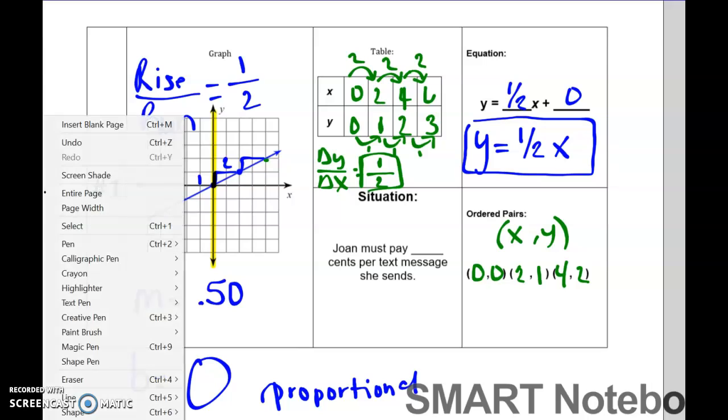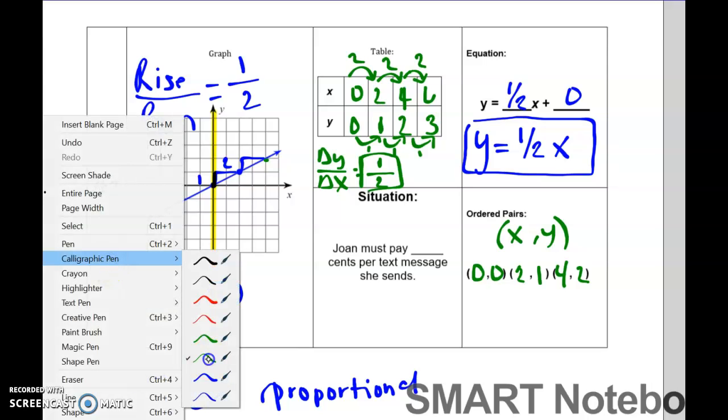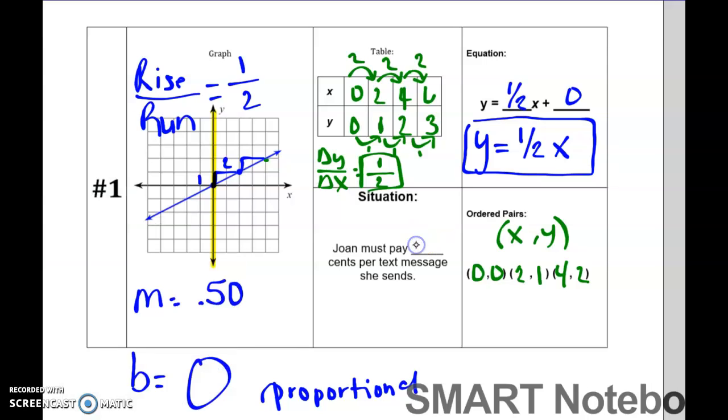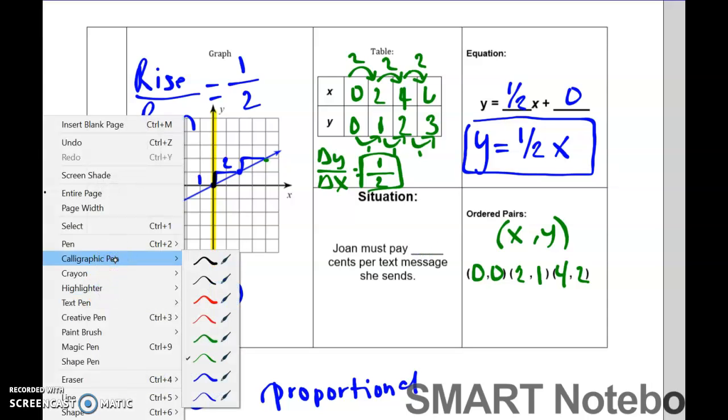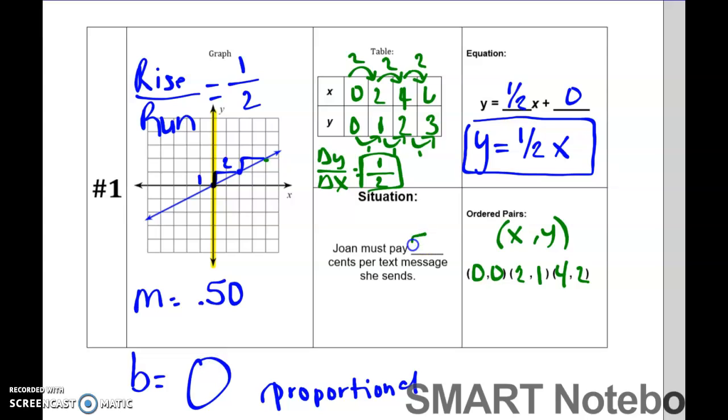I'm going to put 50 in this word problem because she pays 50 cents. And if you wrote 50 cents in decimal form, it would be 0.50. Okay. So Joan must pay 50 cents per text message she sends. So if she sends 0 text messages, she doesn't have to pay anything, but each text message costs 50 cents.